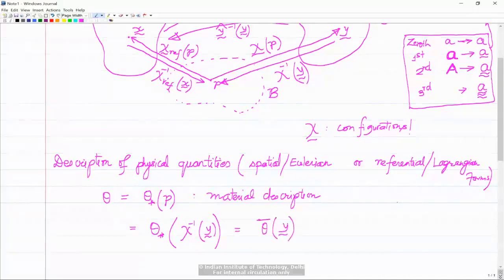In this description, you are expressing the temperature of the body in terms of the current location of particles. So this is called spatial or Eulerian description. Whenever you are expressing physical quantities in terms of the current position, we call that spatial or Eulerian description.